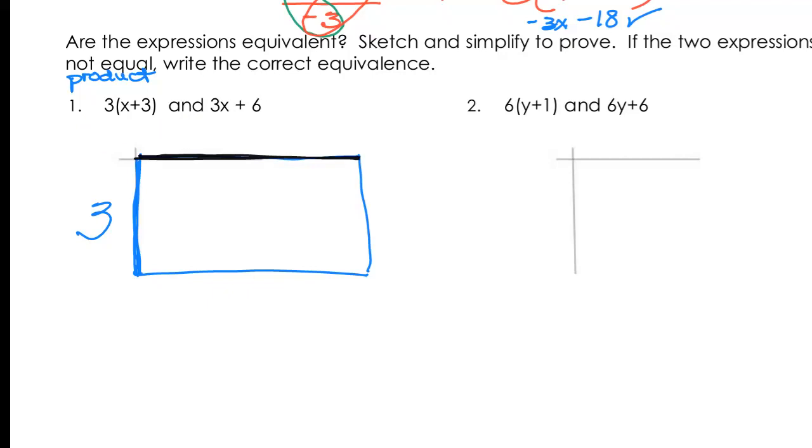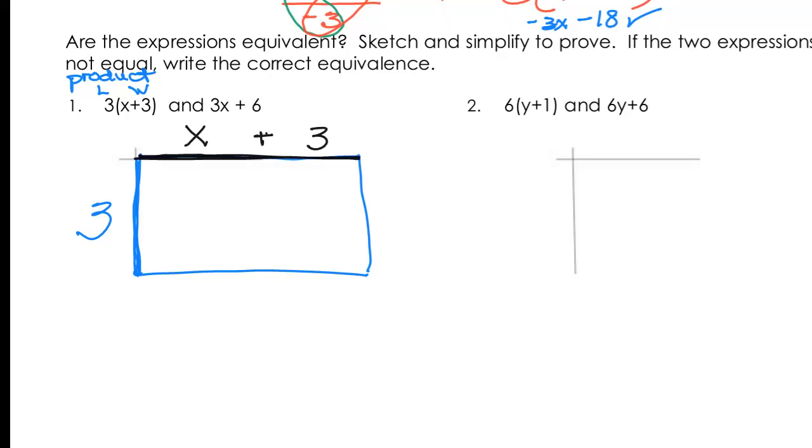This is your, I'm just going to say length and width. It is a product, so length times width. So the width up here is going to be x and plus 3. Okay?